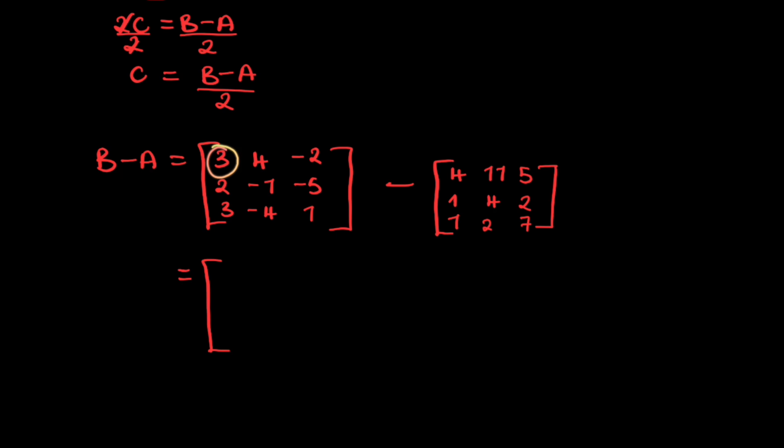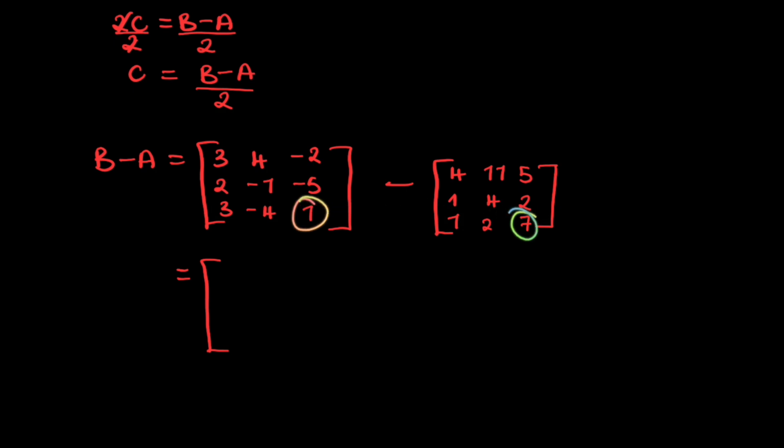So here 3 corresponds to 4, 4 corresponds to 11, minus 2 corresponds to 5, 2 corresponds to 1, minus 1 corresponds to 4, minus 5 corresponds to 2, 3 corresponds to 1, minus 4 corresponds to 2, and 1 corresponds to 7. So that is what we are going to be subtracting. So we are subtracting elements in the same position in each matrix.